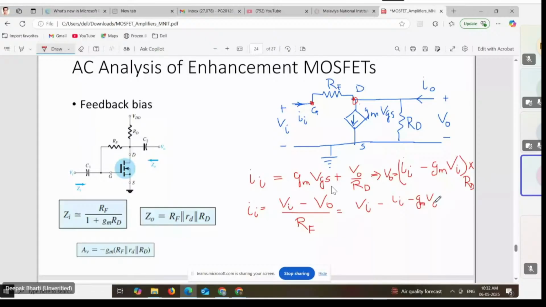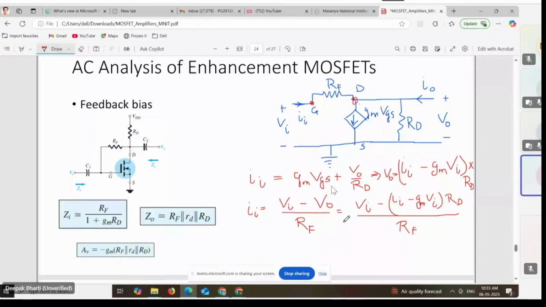Once you know what you have to determine and what you have to eliminate, the analysis can be lengthy but you can easily do it. Okay, so V naught has been eliminated from both of the equations, or using two equations we have eliminated V naught. So now what is left? The expression containing terms of only Vi and Ii.